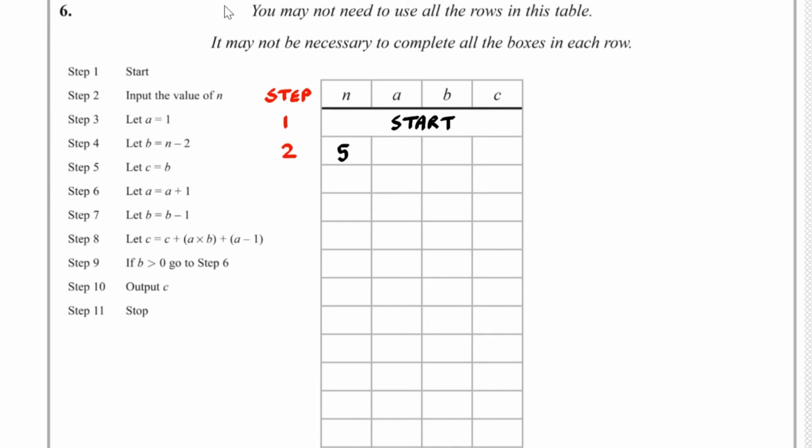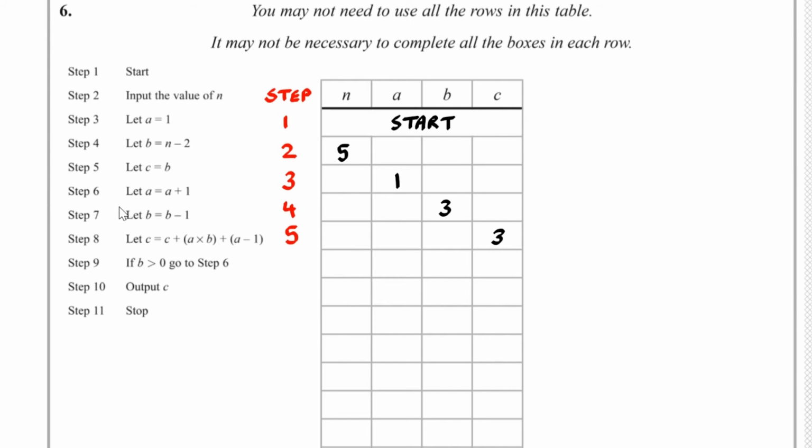The third step is to let a equal 1. The fourth step is to let b equal n minus 2. So for the fourth step, we will let b equal 5 minus 2, which is 3. For the fifth step, we will let c equal b, so c is equal to 3.